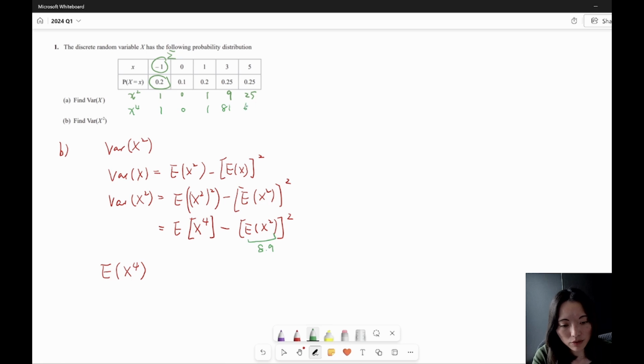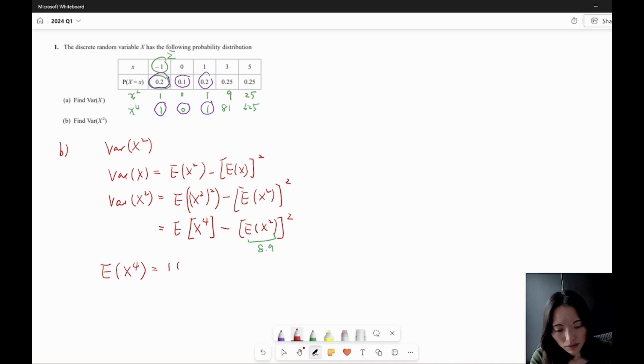9 squared is 81, 25 squared is 625. What I'm doing here is multiplying x to the power 4 with its probability, and then adding this times that, plus this times that, etc. So let's write that out.